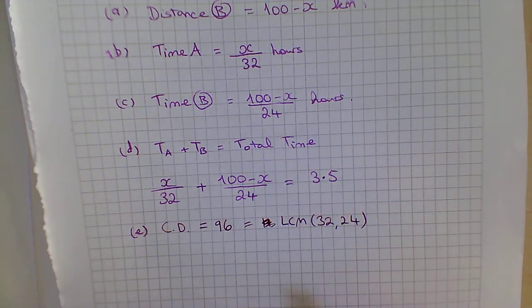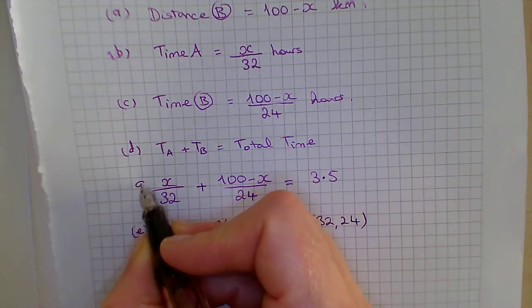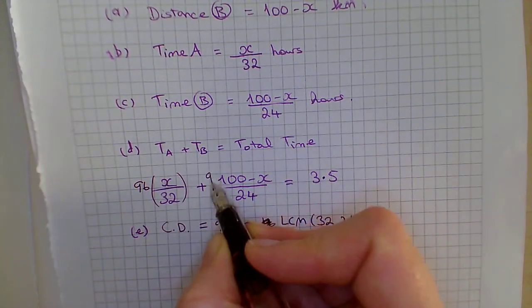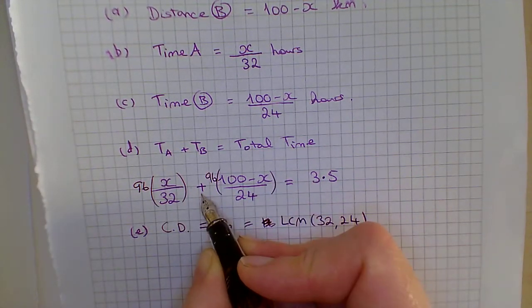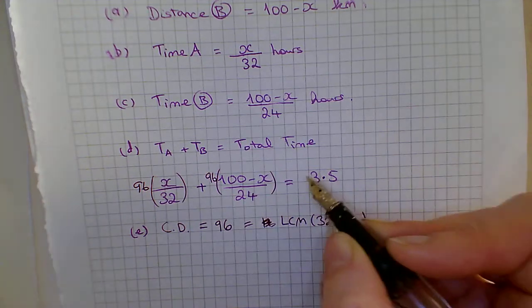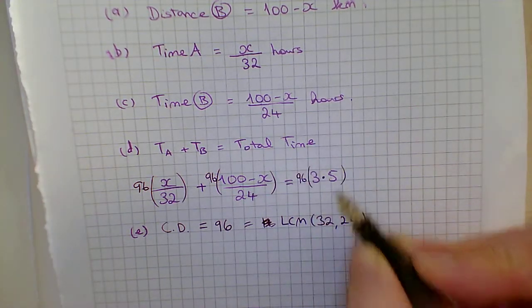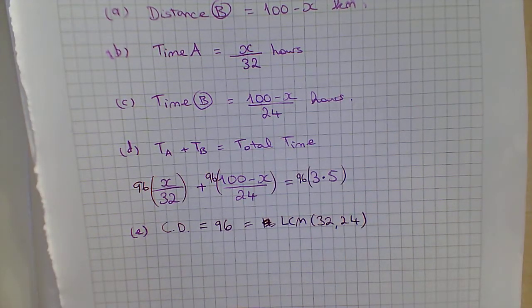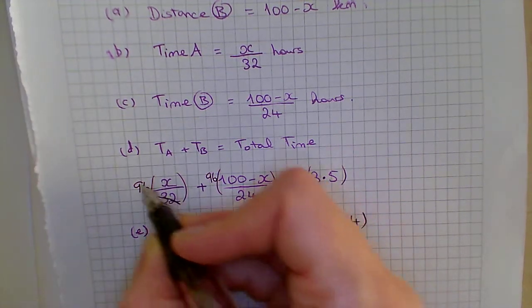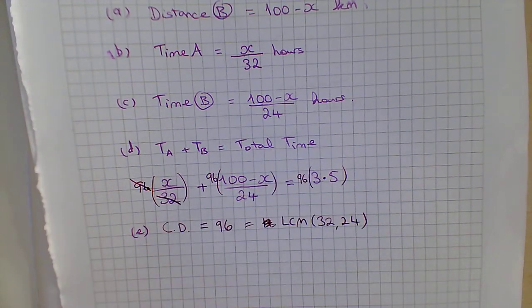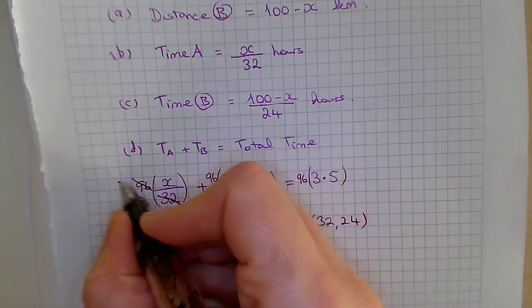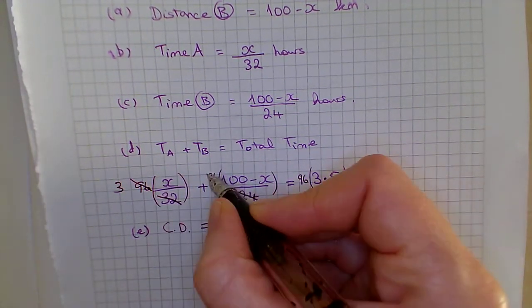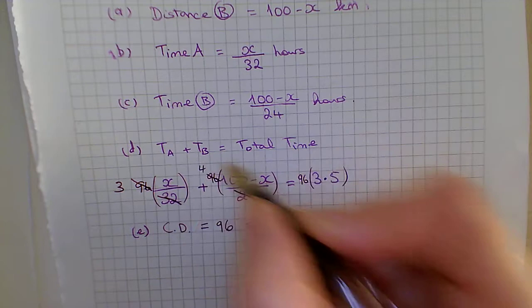So remember, what I have to do is multiply each term, everything separated by pluses, minuses, and equals, by 96. Then 32 divides into 96 to give me 3, and 24 divides into 96 to give me 4.